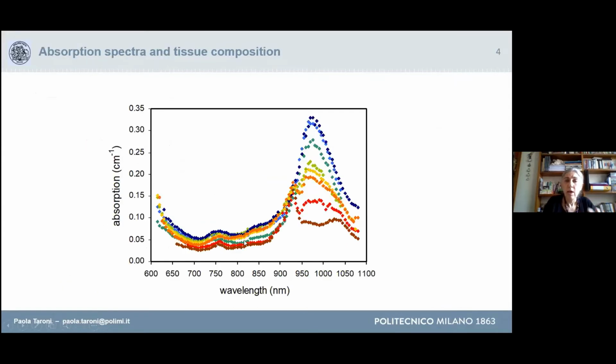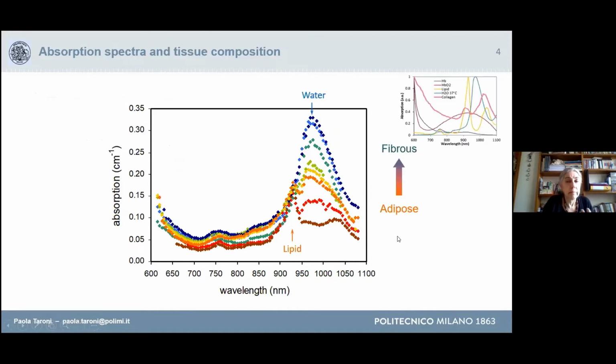These are examples of absorption spectra measured in the red to near infrared from volunteers with different breast type. If we consider progressively different breast types from more adipose to more fibroglandular tissue, the absorption properties change significantly.